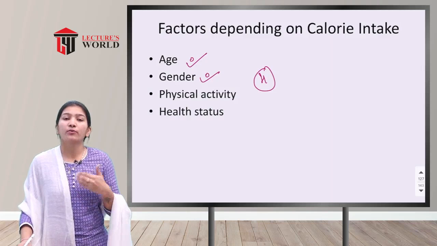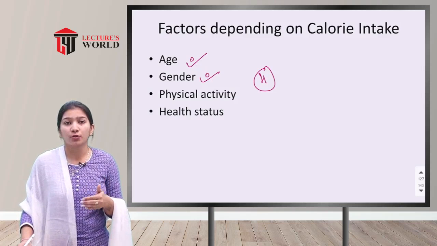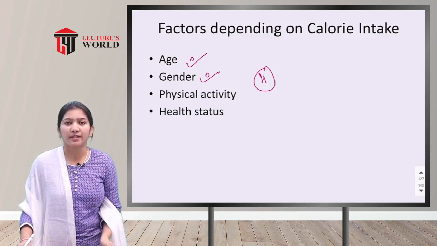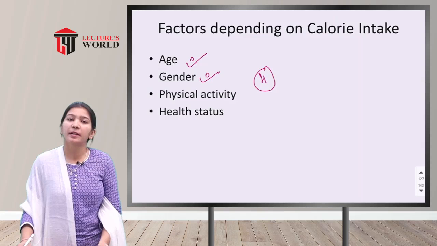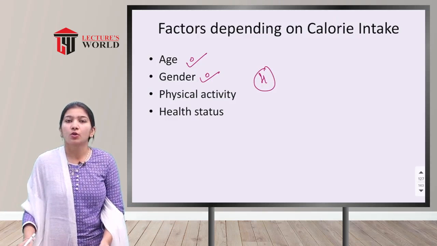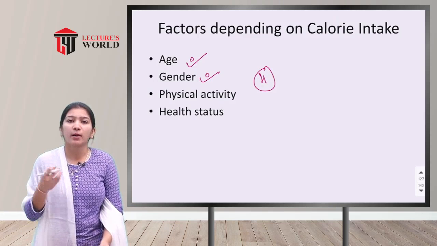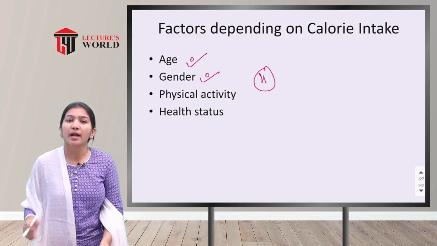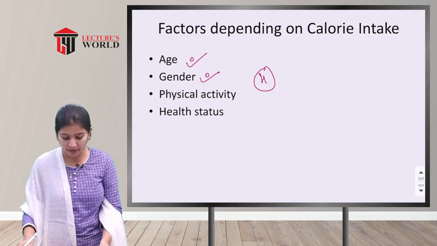The mother also feeds her child inside her uterus, inside her womb. Because of these reasons there is a high calorie requirement, and during the lactation period the mother provides breastfeeding to her child, so the child is getting nutrients from the mother's milk. Because of that, the mother also requires high calorie during the lactation period.